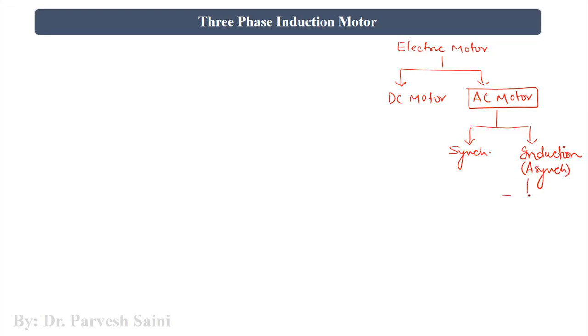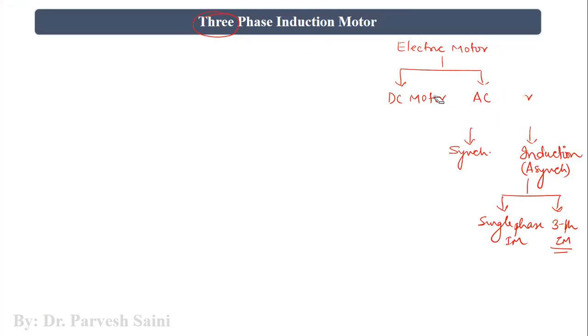Now this further is of two types. One is single phase induction motor, and then we have three phase induction motor. We will discuss the three phase induction motor in this particular lecture.